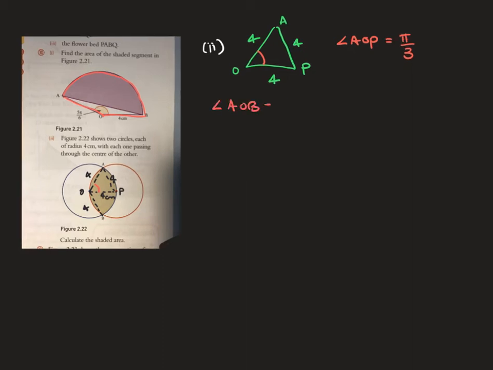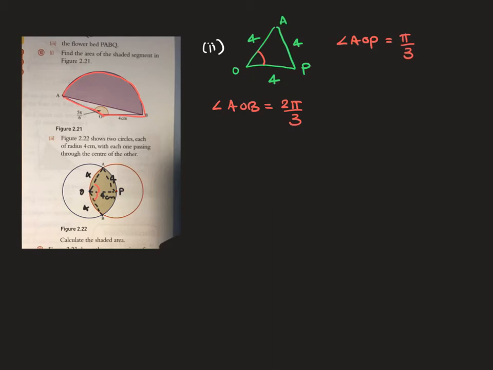So that creates a triangle, which I'll call OAP, which is equilateral, 4, 4 and 4, which means that this angle here, angle AOP, must be 60 degrees or pi by 3 radians. Now, that means that this angle, AOB, is double what we've just calculated, so is equal to 2 pi by 3 radians.